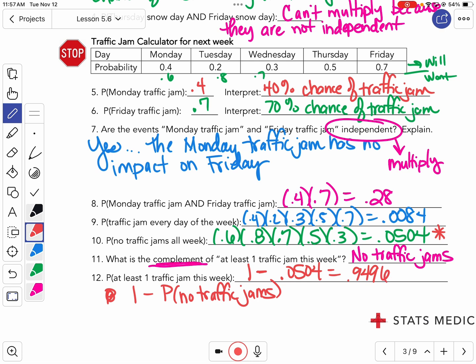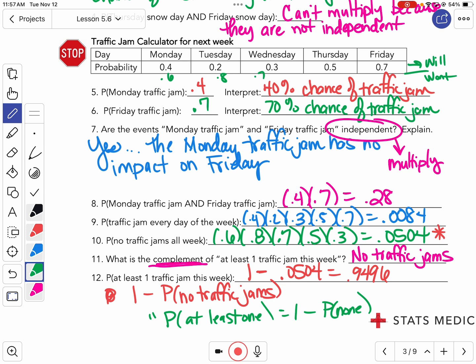So we're pretty much guaranteed to have a traffic jam at least once. Okay, and that's referred to as the probability of at least one. We're going to write that down formally in just a second. Probability of at least one is always equal to 1 minus the probability of none. So whatever event you're talking about, you find the probability of it not happening and subtract it from 1.